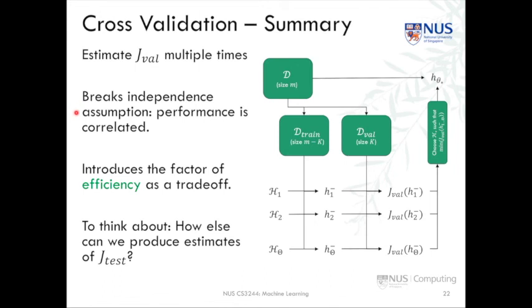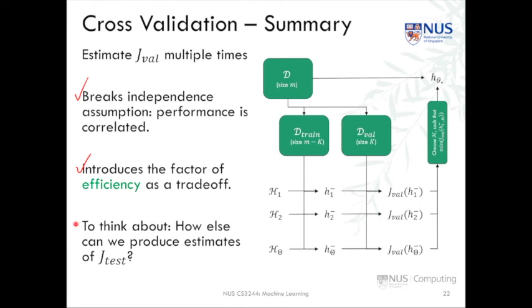When we have k-fold cross-validation, each of the points will appear in the training data of k-1 of the classifiers. We also saw that it introduces the factor of efficiency as a trade-off, because now when we do cross-validation, we are conducting multiple experiments, training on set sizes approximating the entire data set.